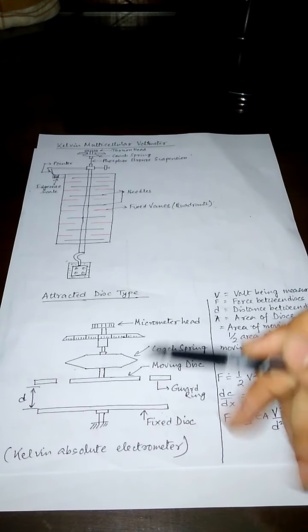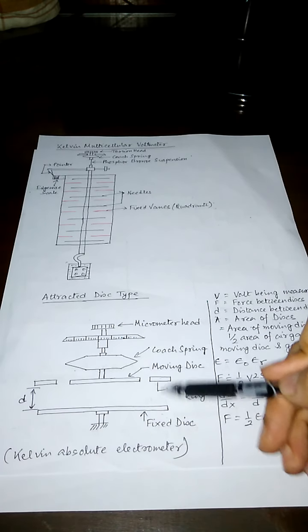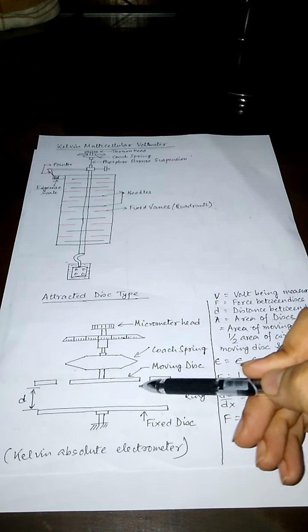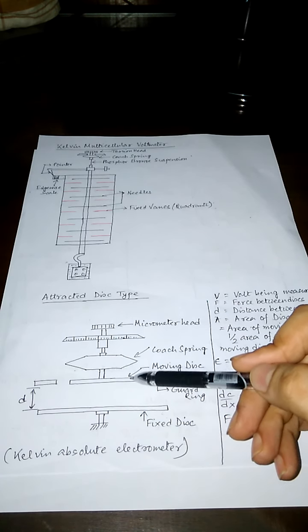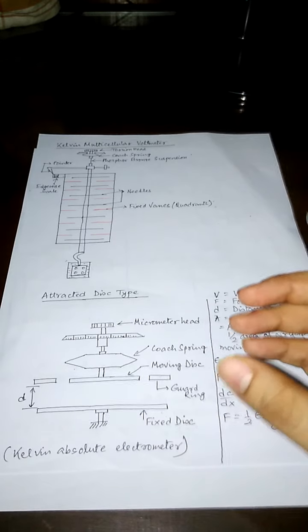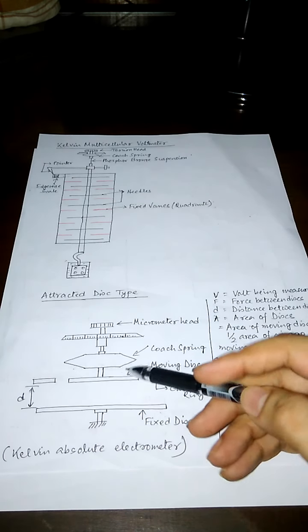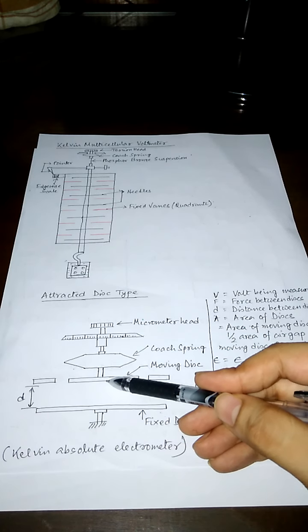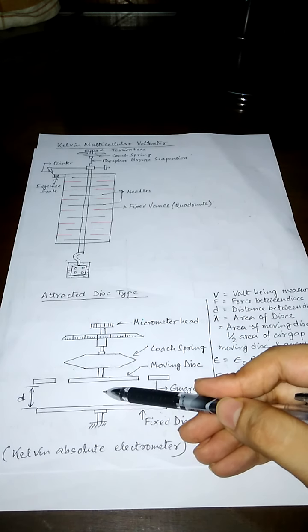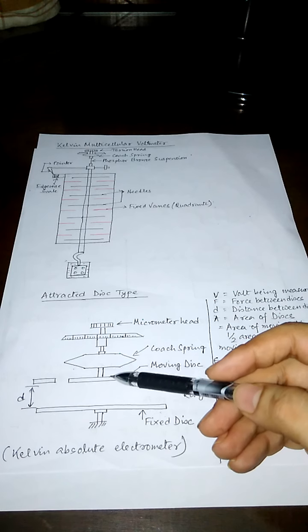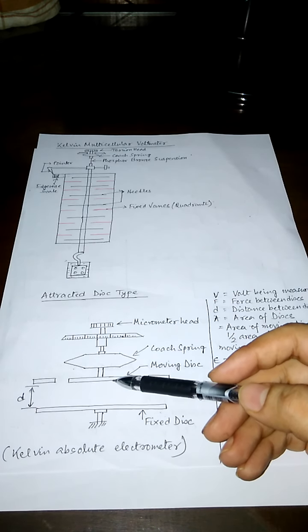Now what happens if we apply the voltage between the fixed disc and the moving disc? Obviously, the moving disc is going to be attracted towards the fixed disc, that means it is going to come down.